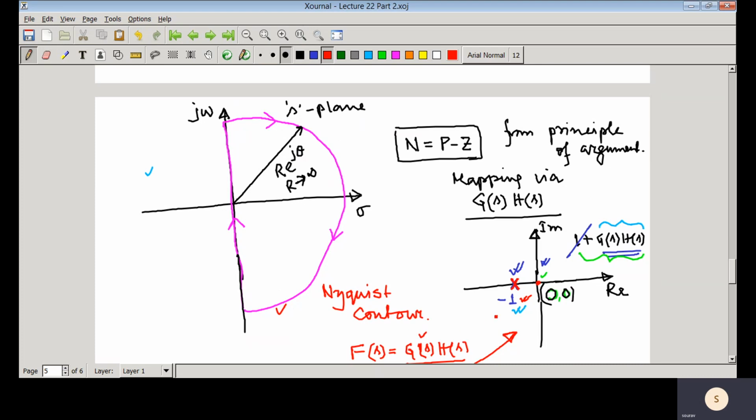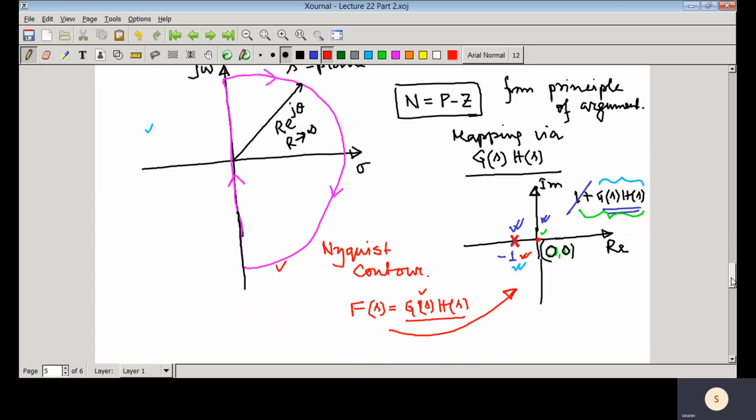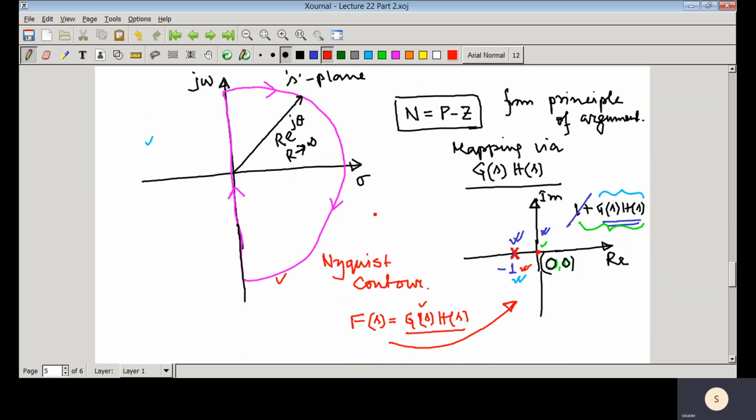So next class we will be discussing what this mapping would be. Here it is clear that we are trying to map this contour, which encircles the closed right half of the S plane, and it would be mapped into a plane which is the Fs plane.